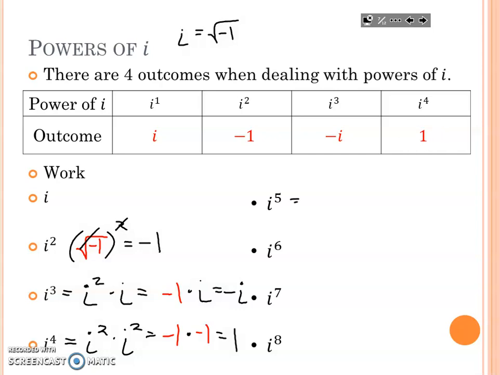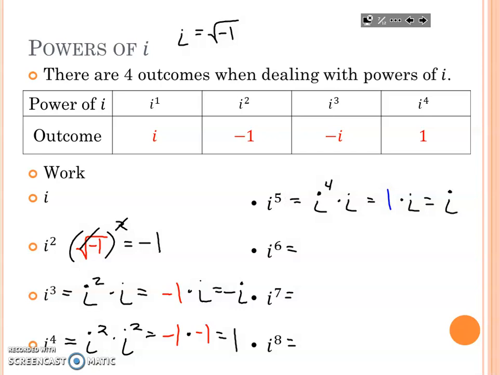So when I get to these other ones over here, i to the fifth, i to the sixth, i to the seventh, i to the eighth, we're going to figure out something kind of neat about this. i to the fifth could be rewritten as i to the fourth times i. Why is that significant? Well, we just discovered that i to the fourth is actually just a 1. So i to the fifth really is just a 1 times an i, which gives me an i.